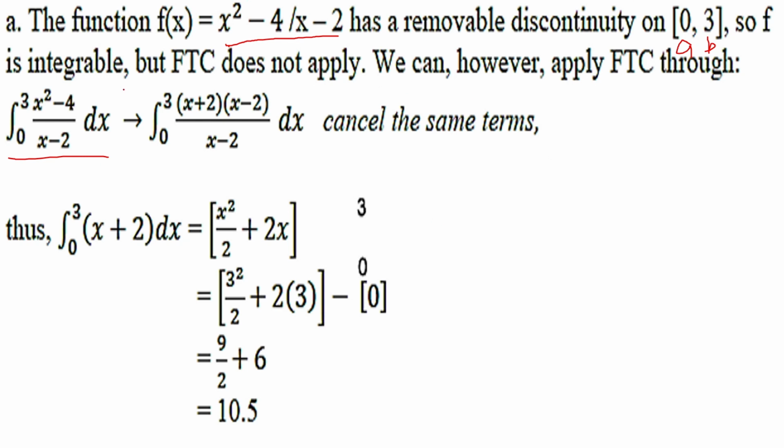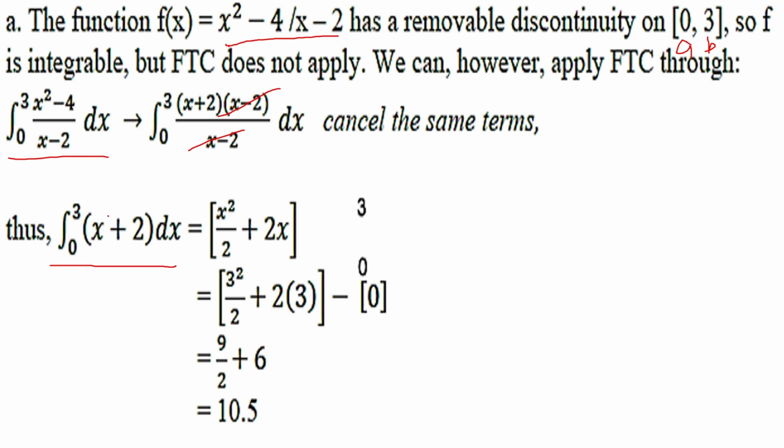Here, x minus 2 and x minus 2. Okay? So you will cancel the like terms or the same terms. So therefore, you will just have the definite integral from 0 to 3, x plus 2 dx. Okay? So let's have this one.